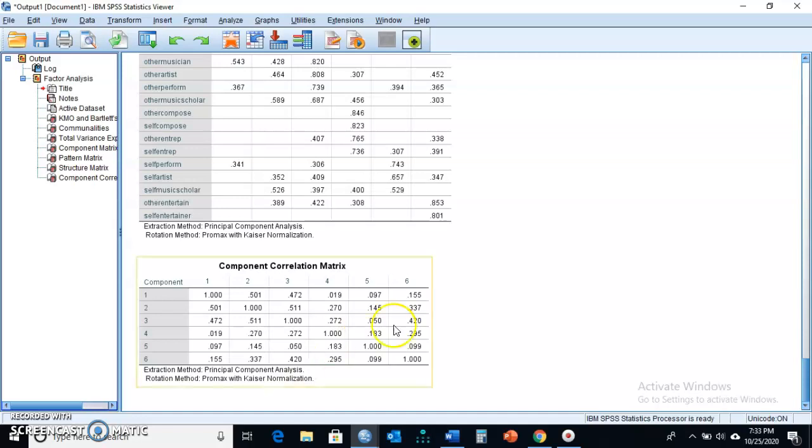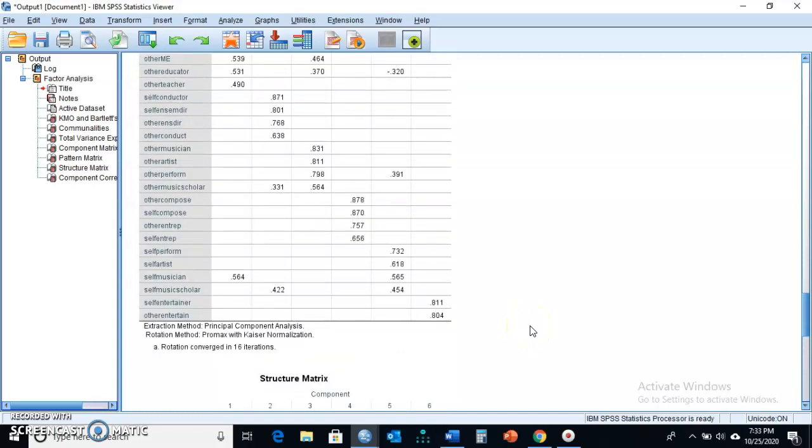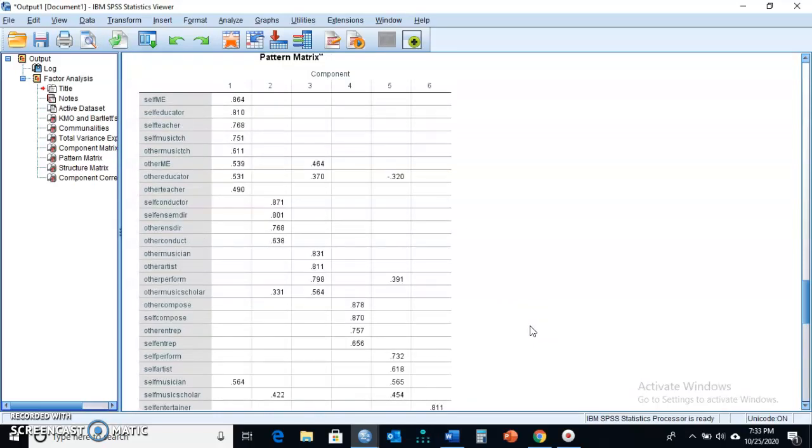So the last step in this procedure is to label your components. So if we go back up to this pattern matrix where we had the different clusters here, what we're looking for is more an art than a science. What we're looking for is a theme that runs through all of these items here that glom together, and some sort of theme or label we could give to all of these items here that glom together, and so on and so forth.